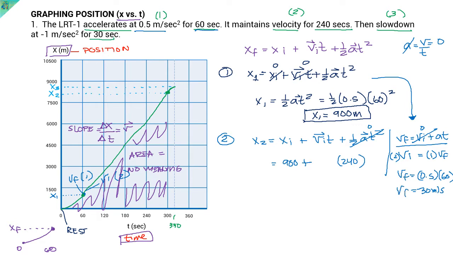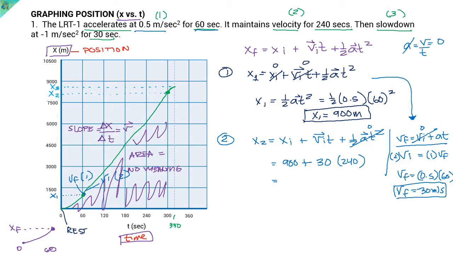So the final velocity of our situation 1 is 30 meters per second, which means that our initial velocity for situation 2 is also 30 meters per second. So let's write it down as 30. We now have our formula in searching for x2. So you multiply it out and then add it with 900. 900 plus 30 times 240.